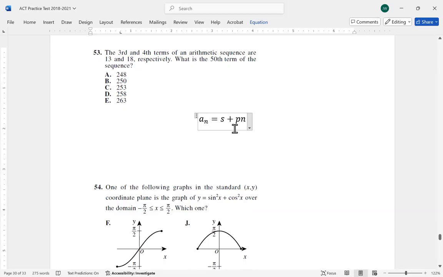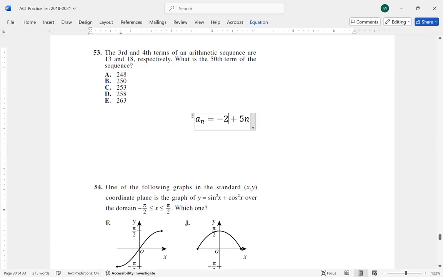P is going to be how many we increase each jump. Since we're going from 13 on the third term to 18 on the fourth term, I know my increase value is 5. So we're increasing 5 on each step. So we have 5n plus some starting value.